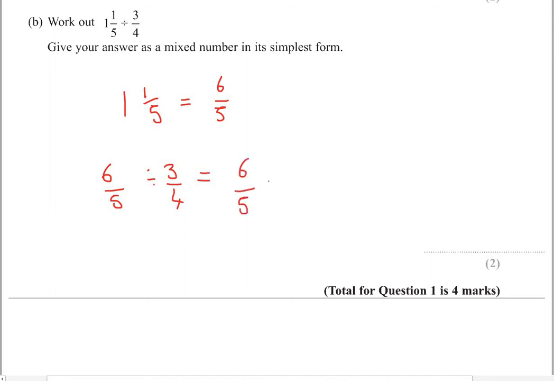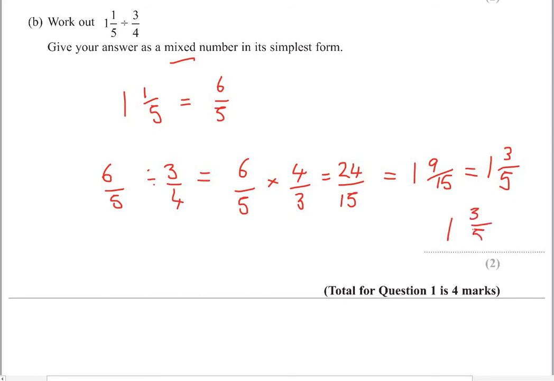So this becomes 6/5 times 4/3, which equals 24 over 15. And it says to give your answer as a mixed number, so this is 1 and 9/15. And does that simplify? Yeah, the 9 over 15 simplifies to 3/5. So our answer is 1 and 3/5.